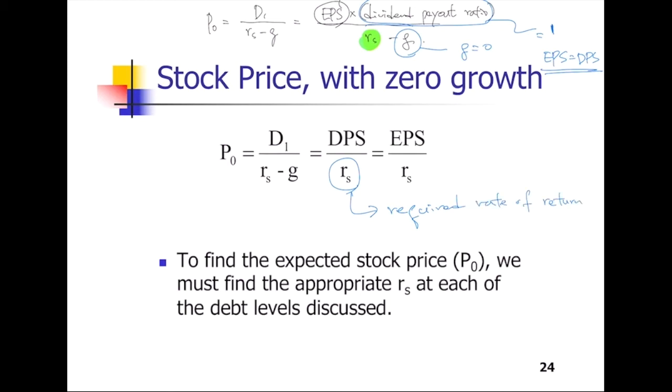How can you calculate this? Using CAPM, right? Capital Asset Pricing Model. So in the CAPM, RS is RRF, risk-free rate, and market risk premium multiply beta, right?